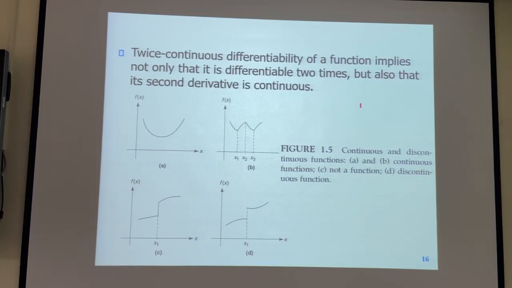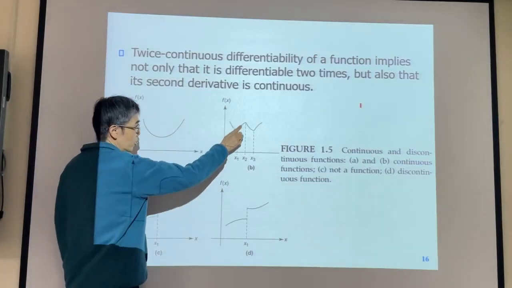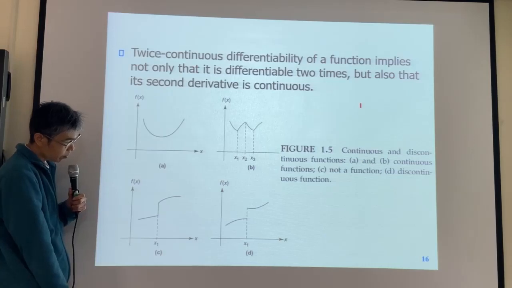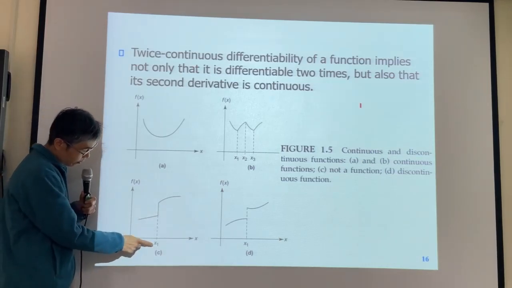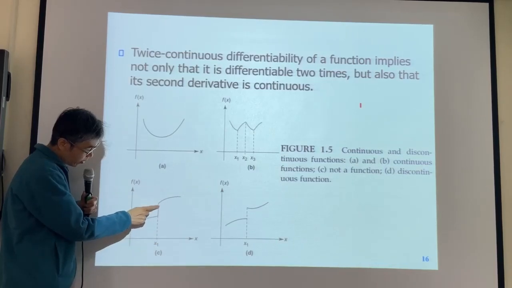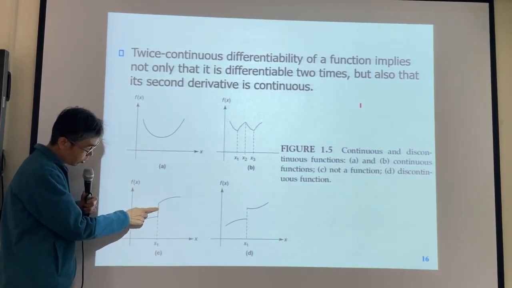You understand? Okay. So this function is continuous. This one is also continuous. But this one, see, means when x equals x1, there is more than one value. f(x) can be this one, this one, this one.